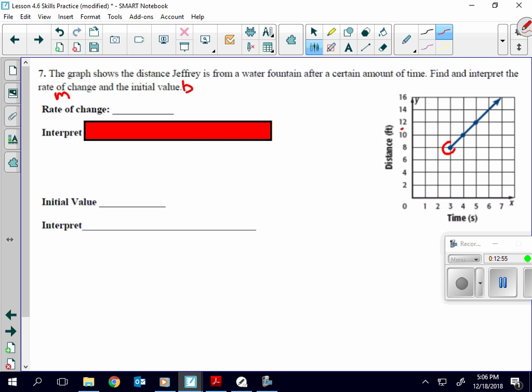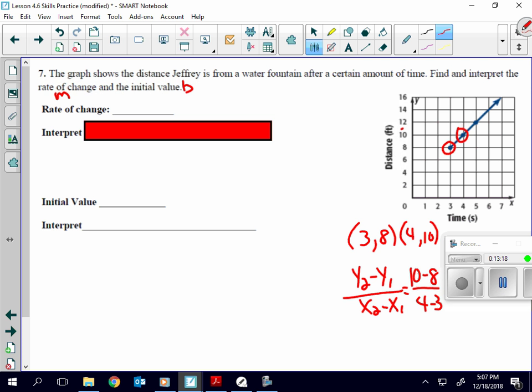We can use these 2 points. The first point is (3, 8), and the second point is (4, 10), and we do y2 minus y1 over x2 minus x1. So that's going to be 10 minus 8 over 4 minus 3, which of course is 2 over 1, which is 2. Okay? If I'm going too fast, pause the video.